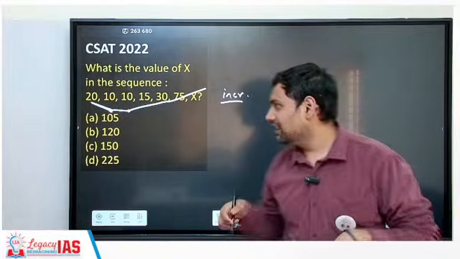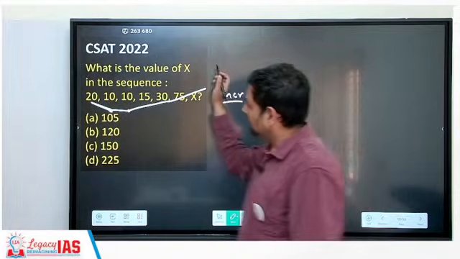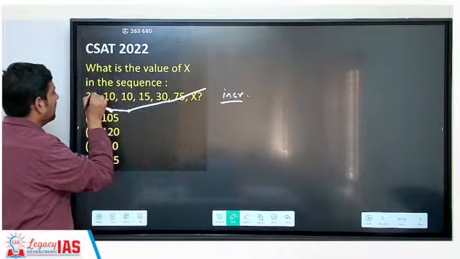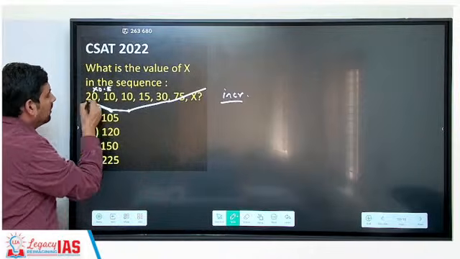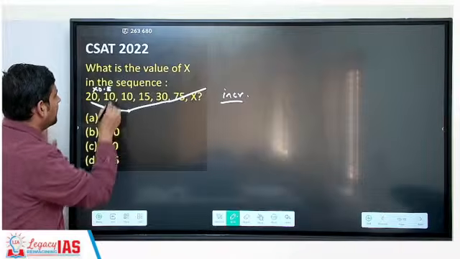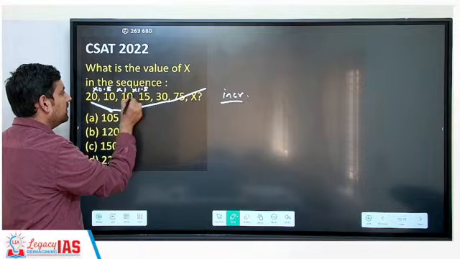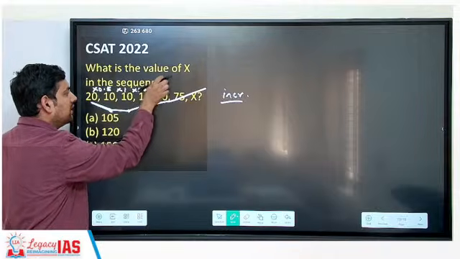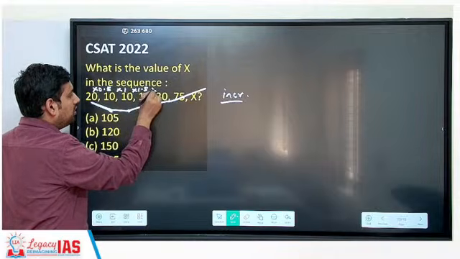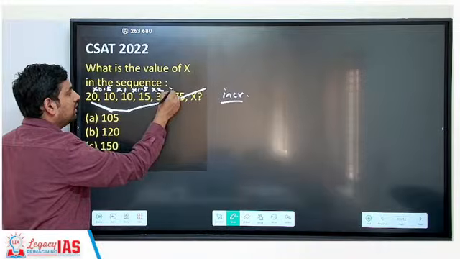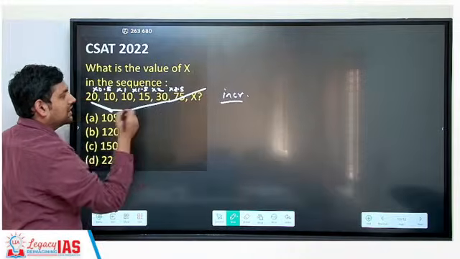What is this series? If you look carefully, this is actually into 0.5. 20 into 0.5 is 10, then 10 into 1 is 10, then 10 into 1.5 is 15, then 15 into 2 is 30, then 30 into 2.5 is 75.